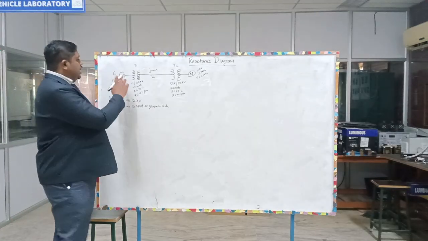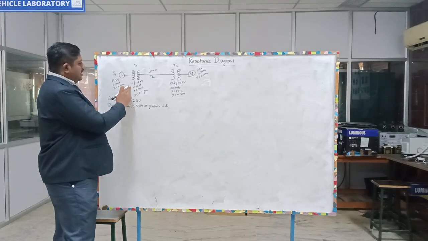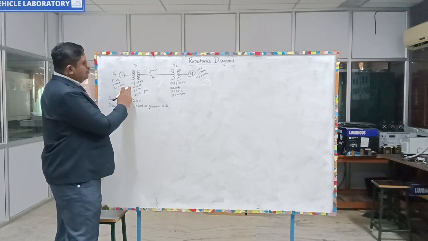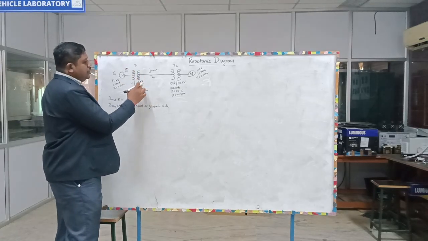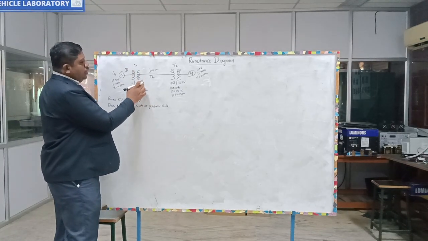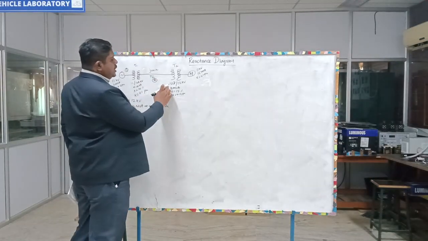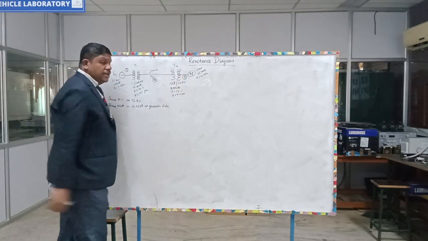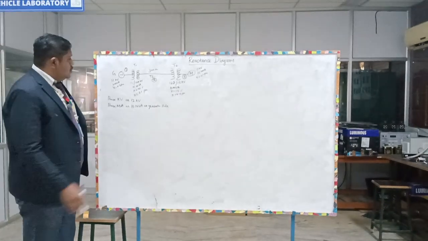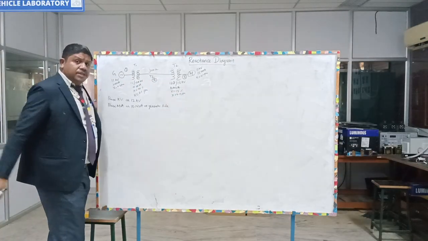For example, here it is 11 kV and here it is 11 kV, so that is section 1. Here it changes to 128 kV, so that is section 2. And here it is changing from 128 to 12, so it is section 3. So I have identified section 1, section 2 and section 3.